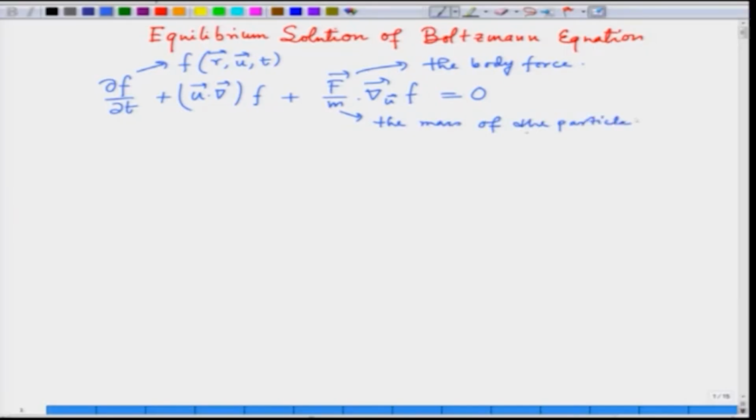Okay. And then we also derived the collisional form of this, where this right hand side was not equal to 0. So, that was the collisionless form, and for the collisional form we had this integral which we call the collision integral.